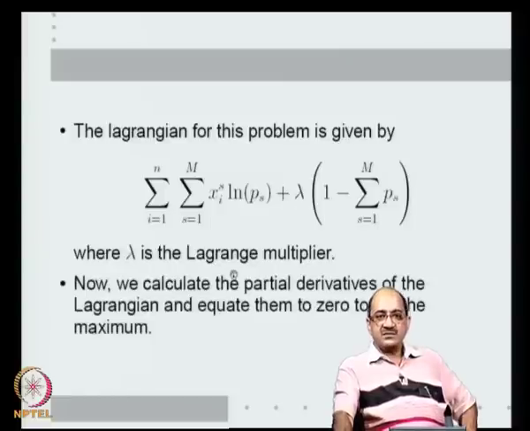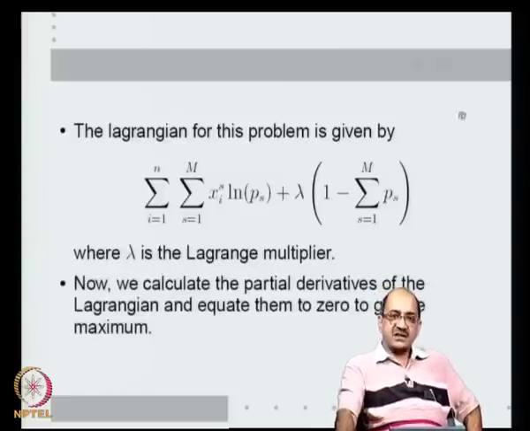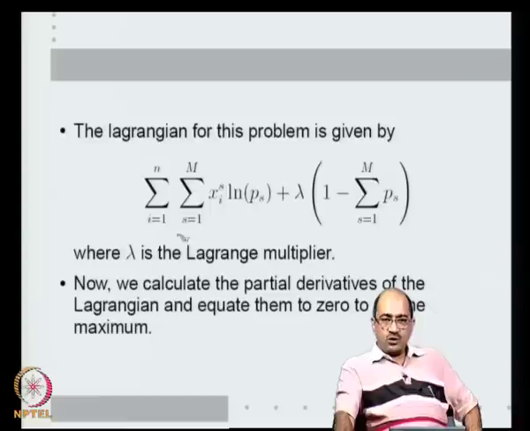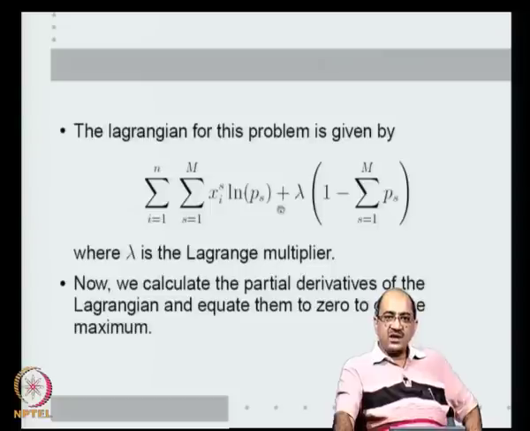Now, what do you have to do? I have to take partial derivatives of this expression and equate it to 0. So, let us say I take the partial derivative with respect to p_j for some j. The derivative goes inside the first summation, i equal to 1 to n. In the second summation, only when s is equal to j is this expression a function of p_j; otherwise it is not a function of p subscript j.